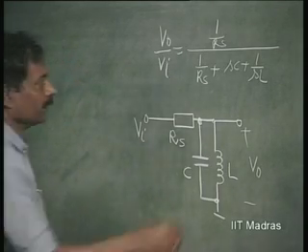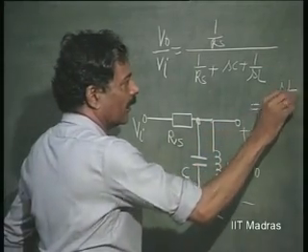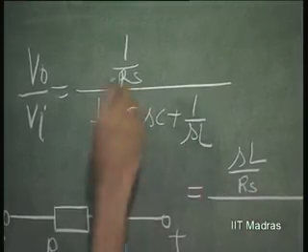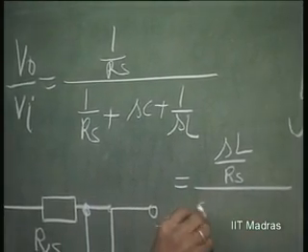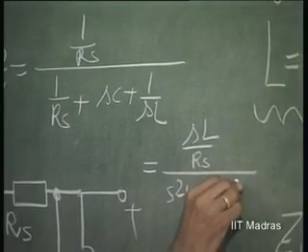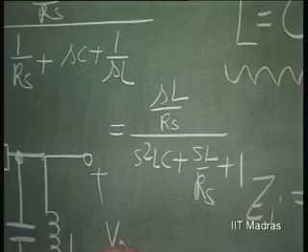So, we get here this as Sl by Rs divided by, multiplying by Sl throughout, S squared Lc plus Sl by Rs plus 1.